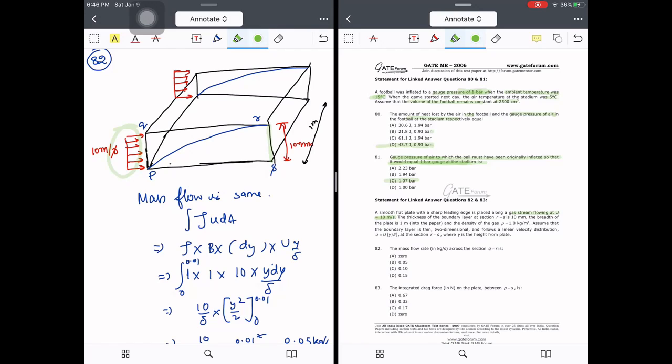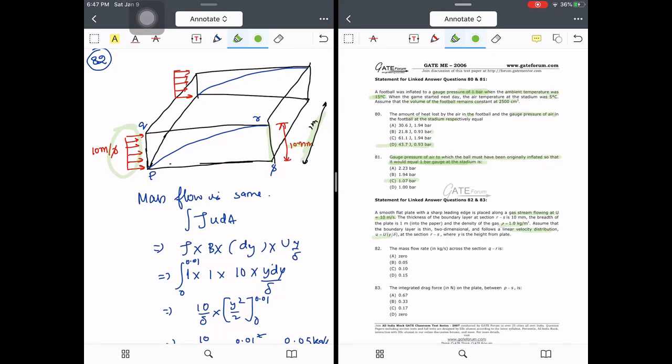I have seen the question paper from where it was downloaded; there are some things missing here because they have not copied the question properly. Anyway, the thickness of the boundary layer at section RS is 10 mm. The breadth of the plate is 1 meter.